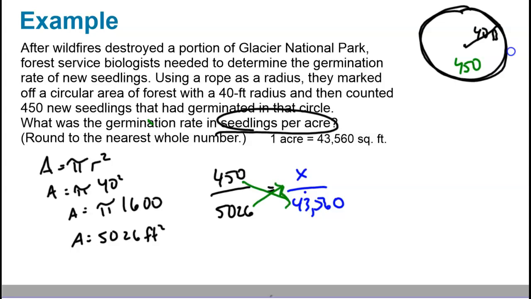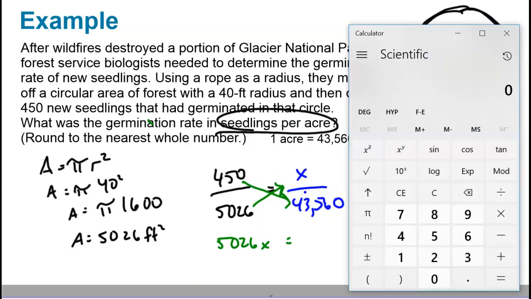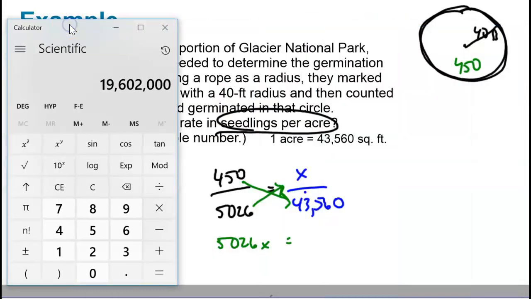So we have 5,026 times X equals 450 times 43,560, so 19,602,000. We're going to get this X by itself.